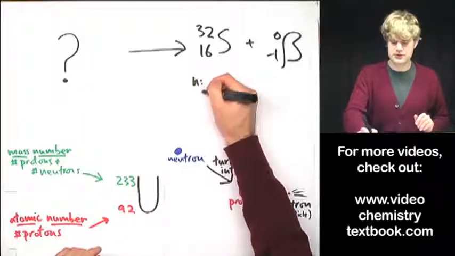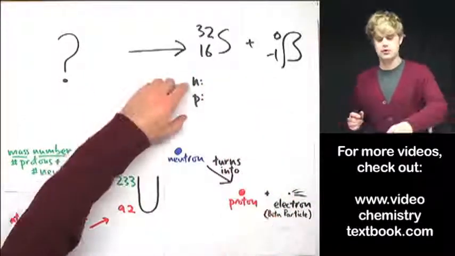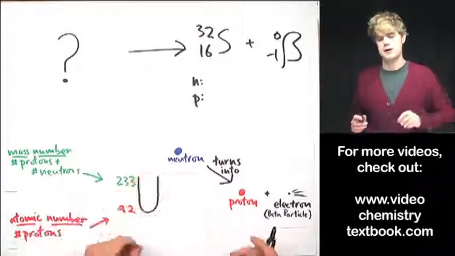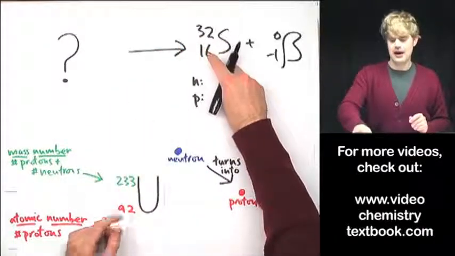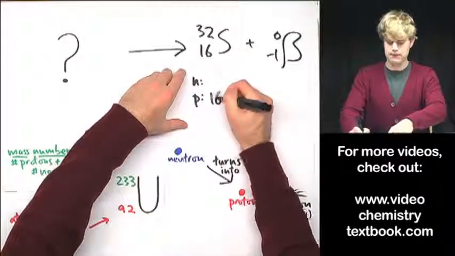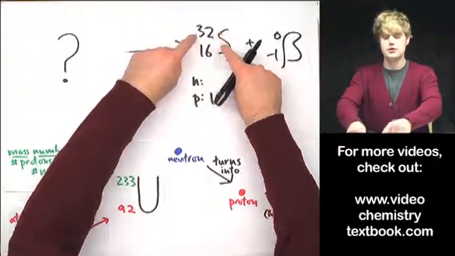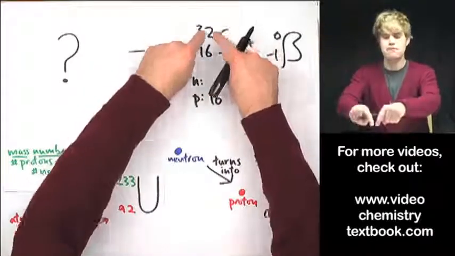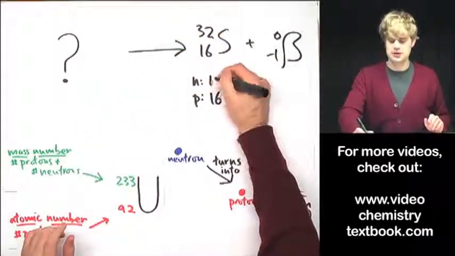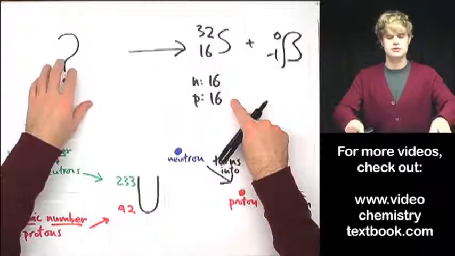Well, let's look at the number of neutrons and protons in this atom. Sulfur has an atomic number of 16, so that's the number of protons. What about the number of neutrons? We can do the mass number minus 16, and that's going to give us 16 neutrons. Okay?